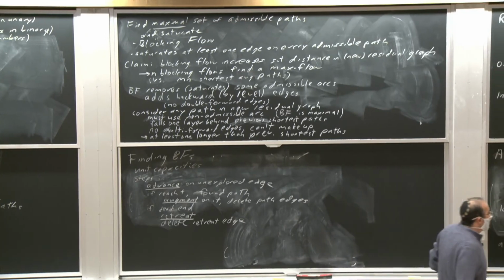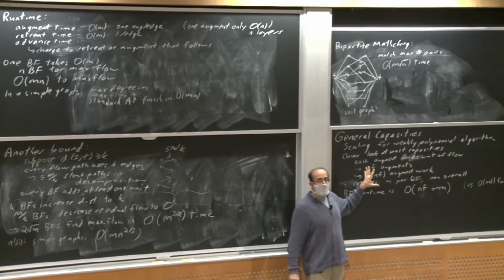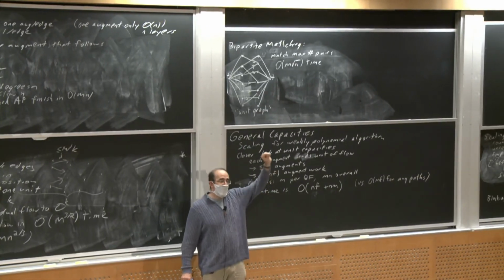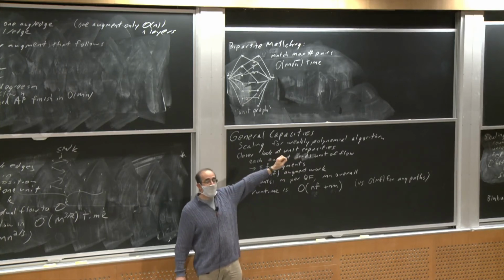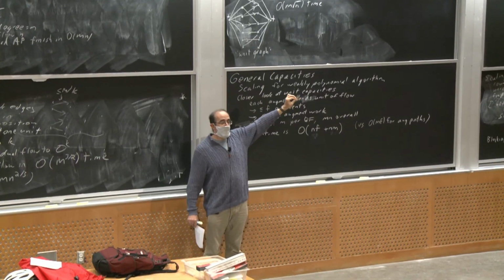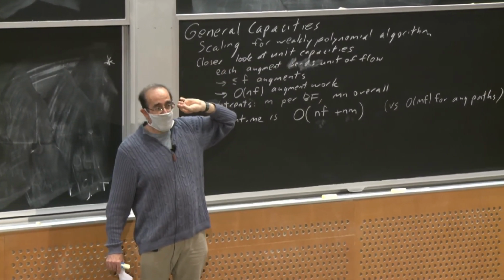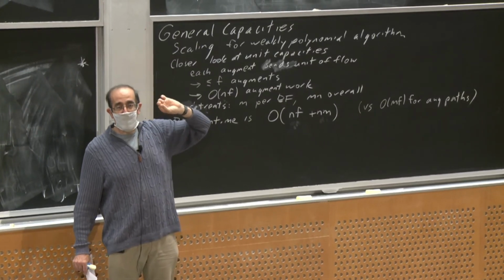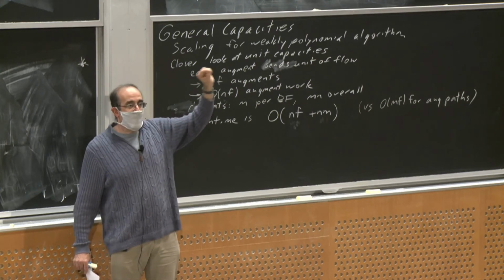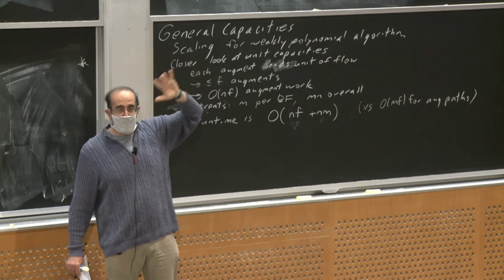Now, with a capacitated graph, that might not be true anymore. When you find a path and you augment through the path, you don't necessarily delete all of the edges on the path, because those edges might have different capacities, and the amount you augment by is determined by the minimum capacity. So other edges might remain.